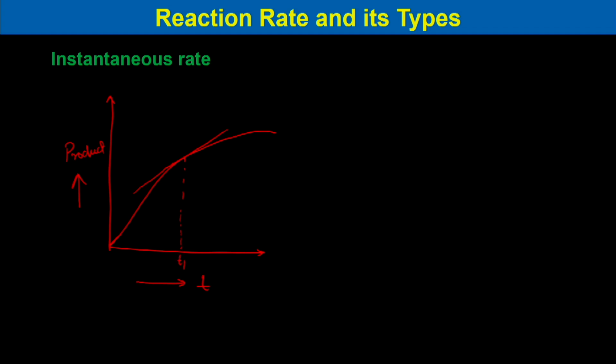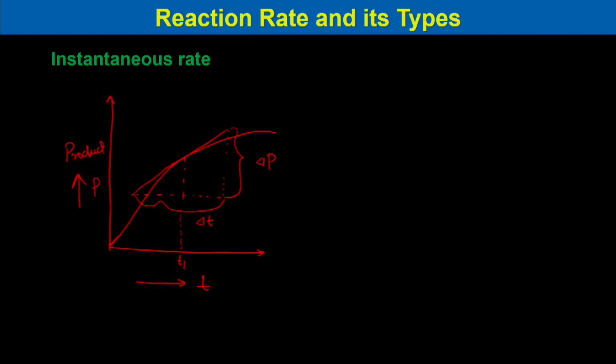The slope can be obtained: this is your delta P, if this is product P, and this would be delta t, that is time.